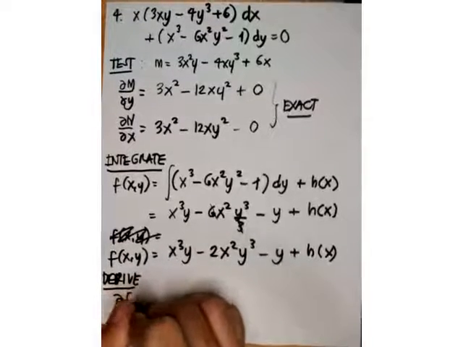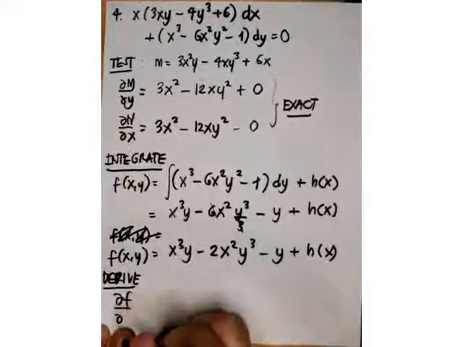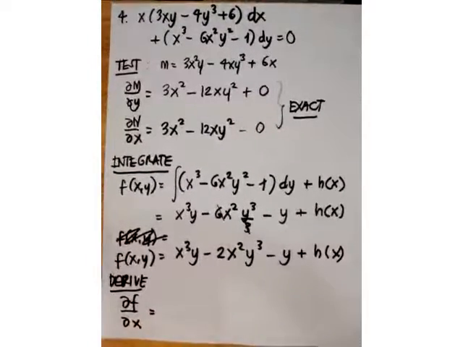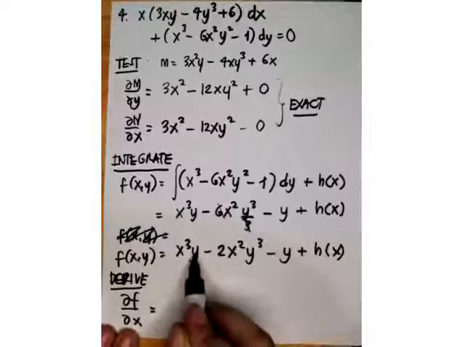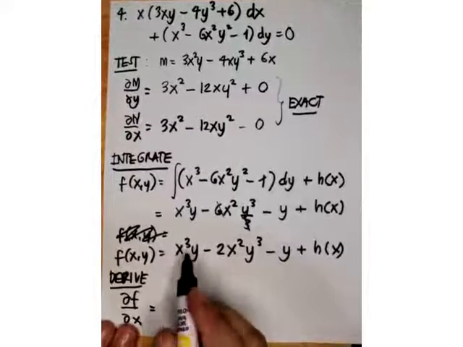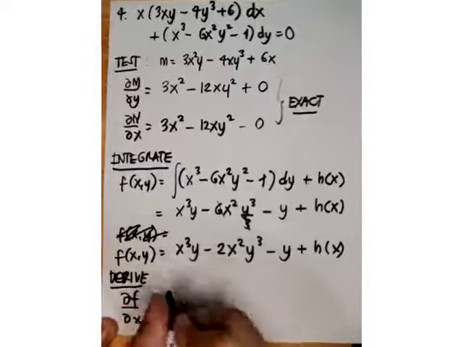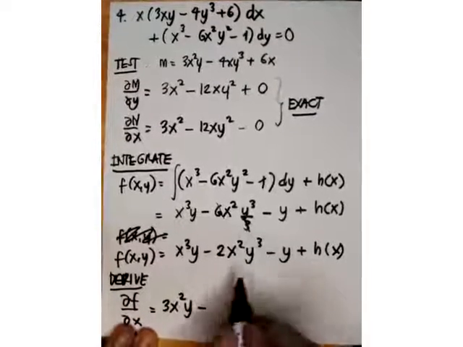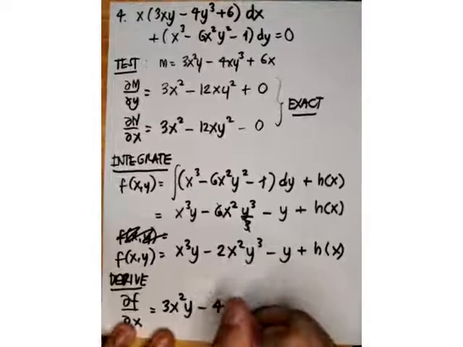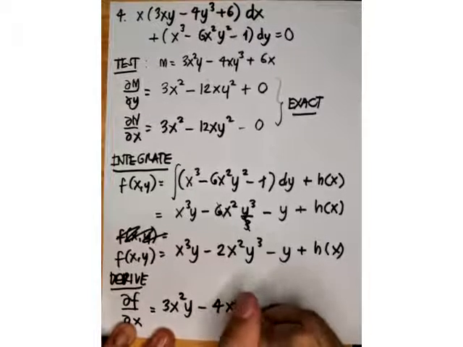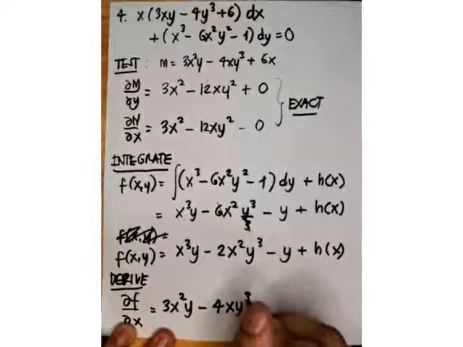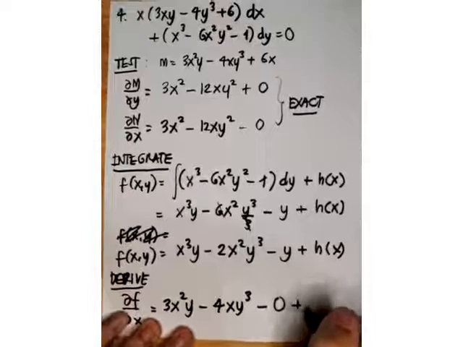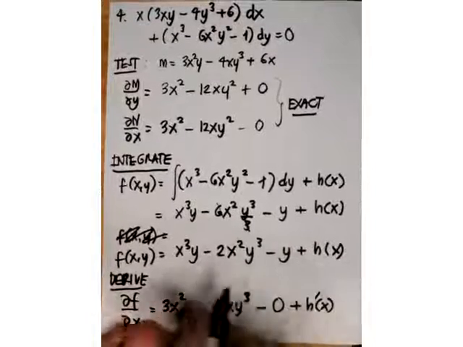So let's find the function, derive the function with respect to, okay, dy yung ginamit natin, so x. So that's equal to, so y is a constant, so ang x lang yung diniderive natin, so that will be 3x squared y minus 4xy cubed minus 0 plus h of x prime.